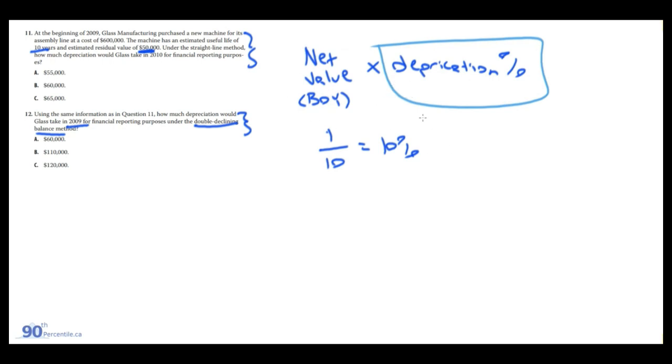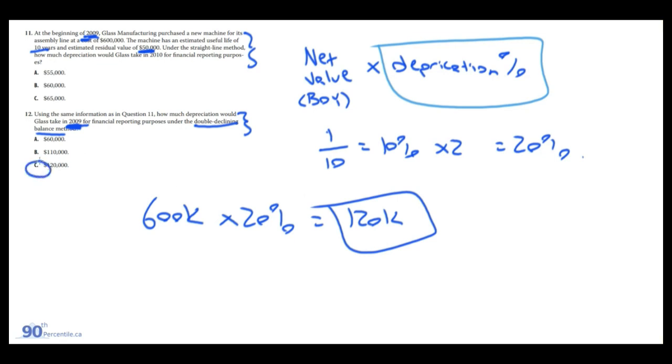We'll get to that in a second. Straight line is 10% a year, so we multiply that by 2 and do 20% per year. To calculate the depreciation in 2009, this is important: because it was purchased at the beginning of 2009, we depreciate for the year of 2009. So the beginning of period value is 600K, and we multiply that by the 20%, which gets us 120K.